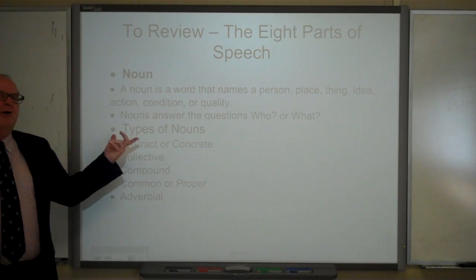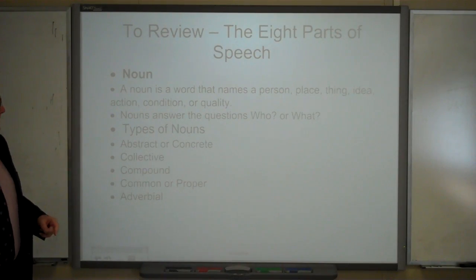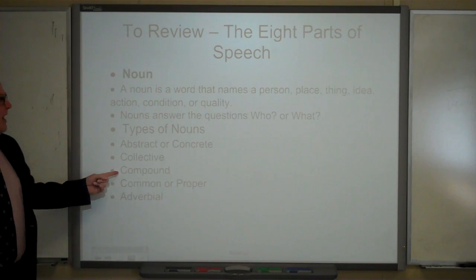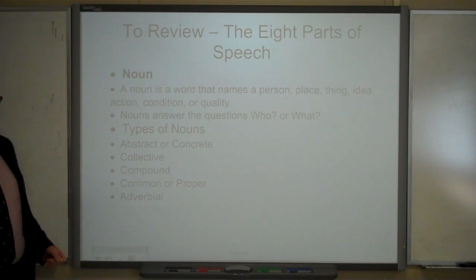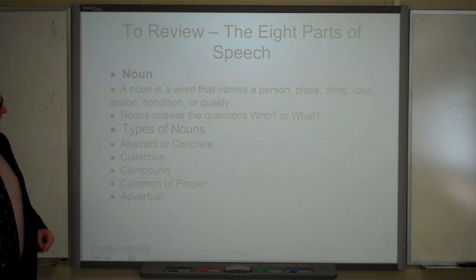Okay, and you might recall we sometimes talk about different kinds of nouns. There's abstract or concrete nouns, collective nouns or groups, compound nouns, nouns that are formed from more than one word, words like, I don't know, kingfisher or fisherman or something like that.